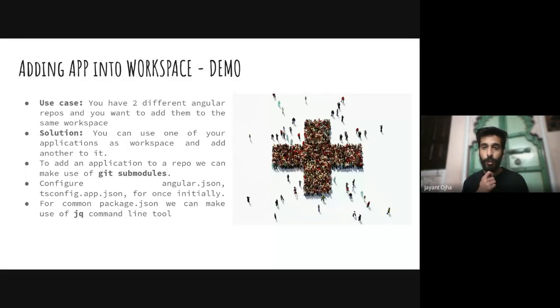What Git submodules does is it allows you to keep a Git repository as a subdirectory of another Git repository. So let's say you have a Git repository and you want to merge another Git repository into this. You can add that as a subdirectory with the help of Git submodules. I'm going to go in depth over this.